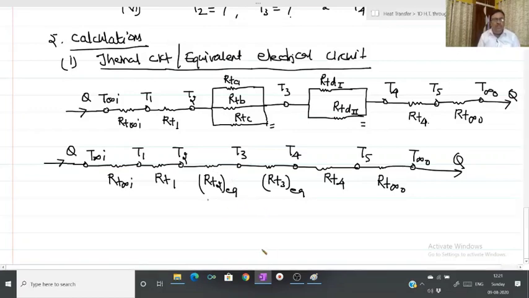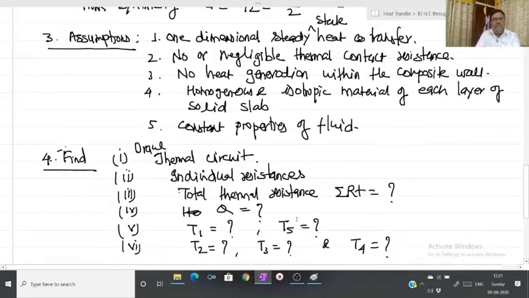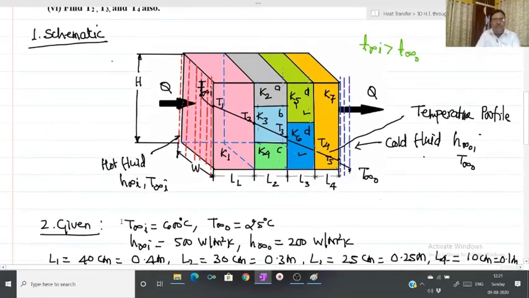So there will be two thermal resistances by convection and four thermal resistances by conduction. There will be a total of 6 thermal resistances. As you can see here, 4 slabs will offer 4 thermal resistances by conduction, and 2 fluid layers will offer 2 thermal resistances by convection.